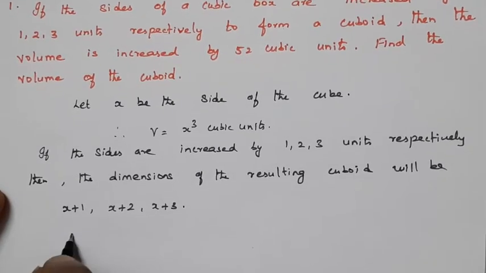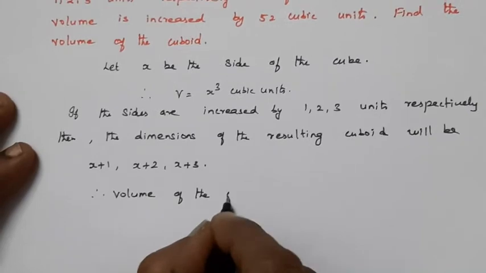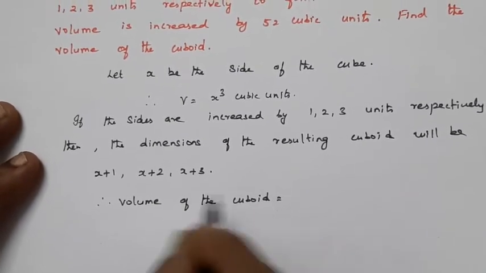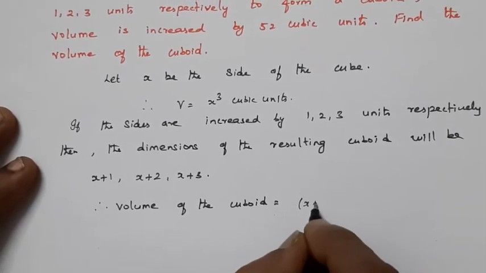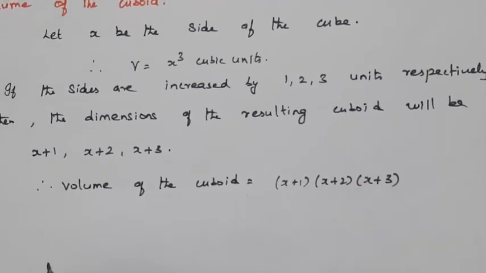Okay, so what would be the volume of the cuboid? Volume of the cuboid is equal to length into breadth into height, that is x plus 1 into x plus 2 into x plus 3, right?